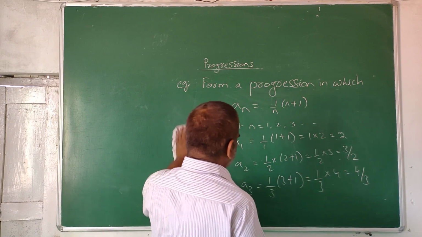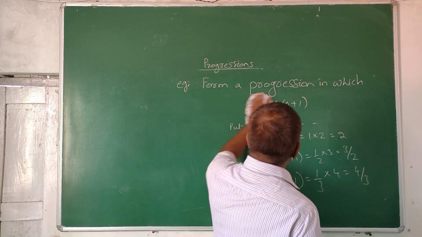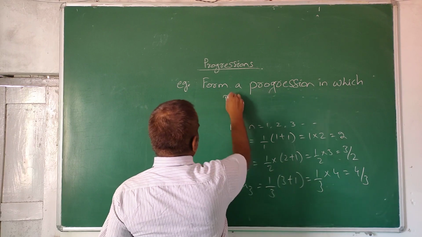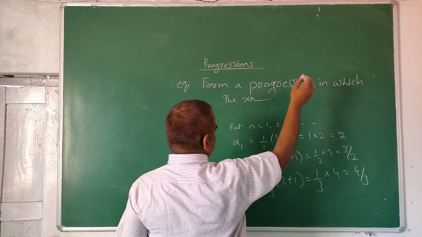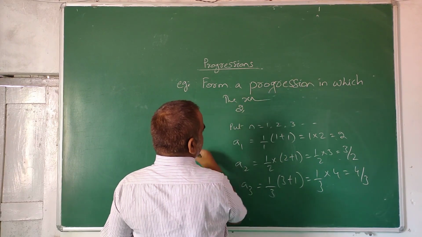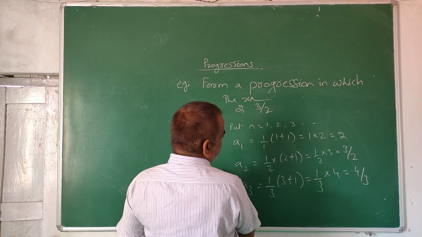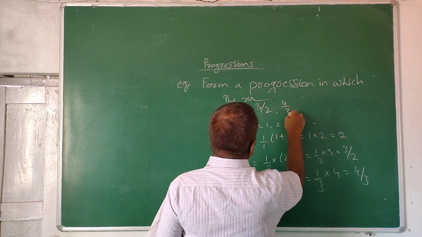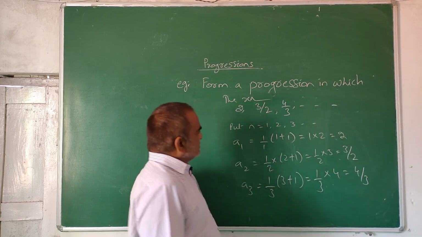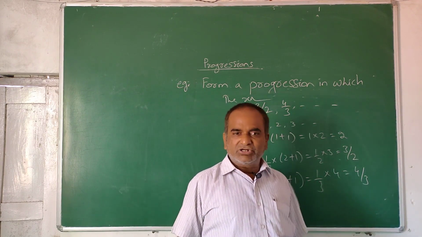Therefore, the required progression is: first term is 2, second term is 3 by 2, third term is 4 by 3 and so on. Understood? Chalo.